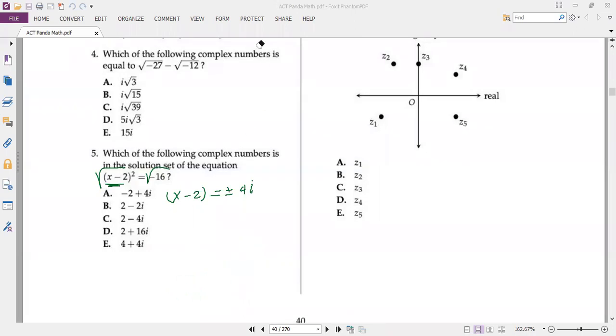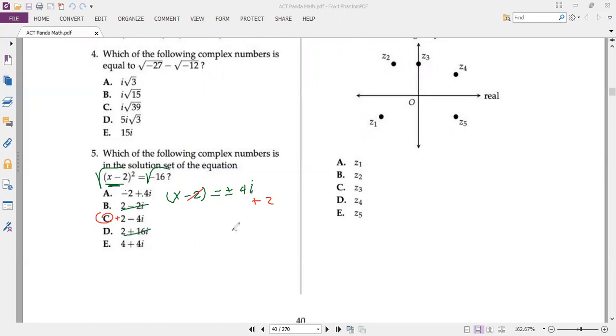So check now. We have plus 4 minus i. It's repeated. This is not right. Which one? The 2 must be plus 2. Which one has plus 2? This one has plus 2. You see? Not this one.